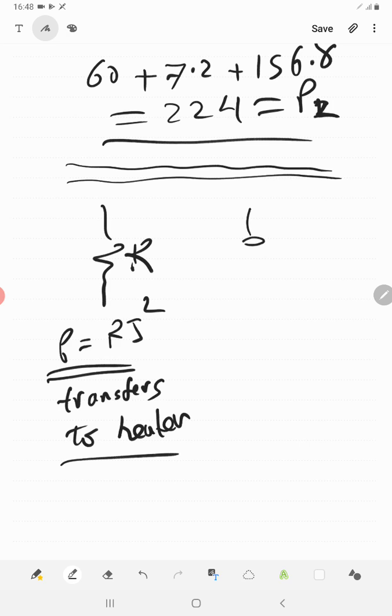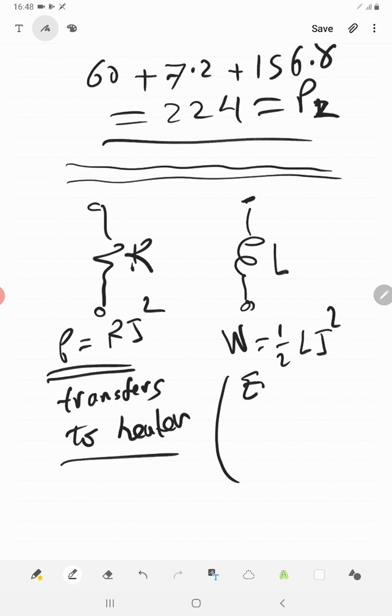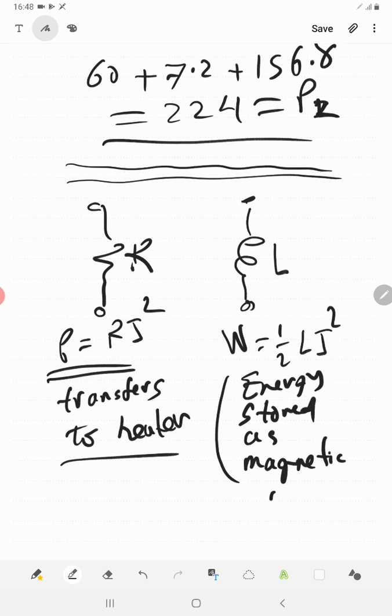If you have a coil, L, then it does not dissipate power, actually it stores energy. So we say stored energy, W equal half L i squared. This energy is stored as a magnetic field, like a transformer stores energy as a magnetic field. It becomes a magnet.